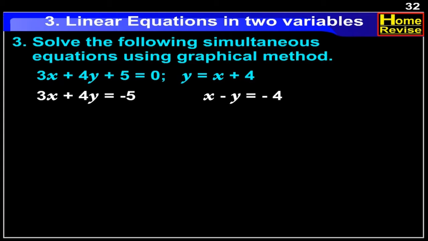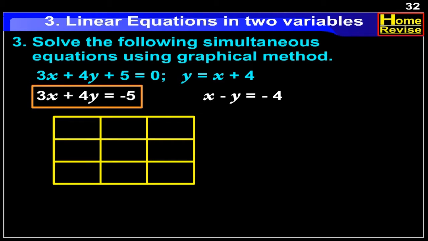We will first draw the table for the equation 3x plus 4y is equal to minus 5. In the first column, write x, y and x comma y.